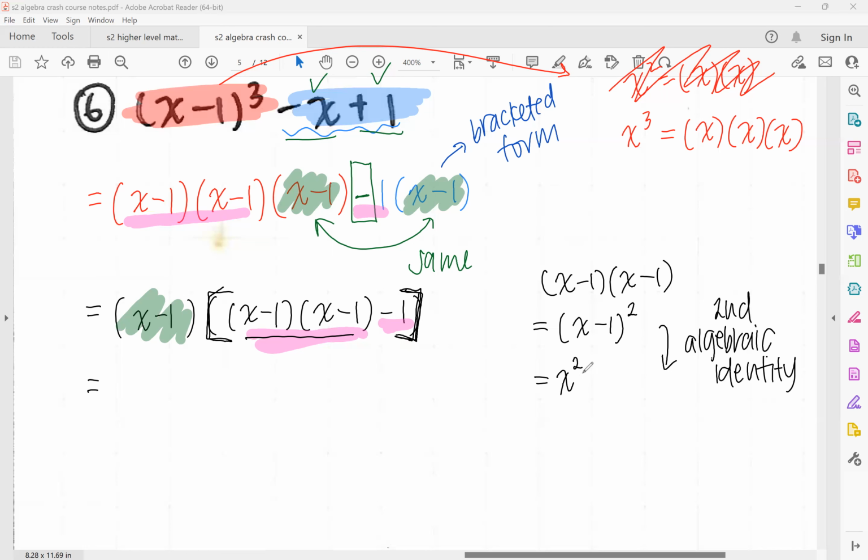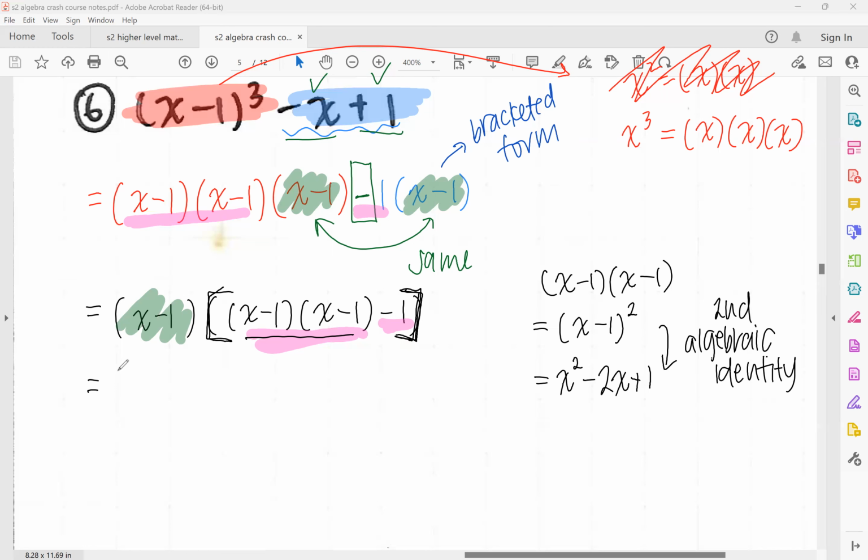x squared, yes? Yeah. Minus 2x, not minus 1, plus 1 squared, which is 1. Exactly. That's all. That's for the second algebraic identity. That's why your algebraic identity must be really good, so you don't waste time doing the brackets.